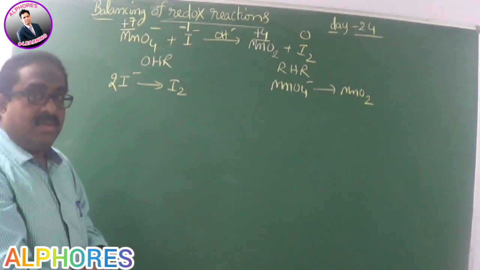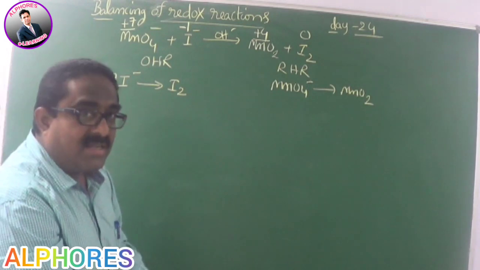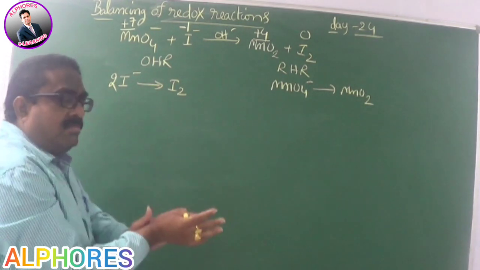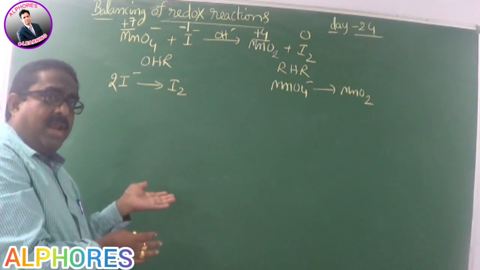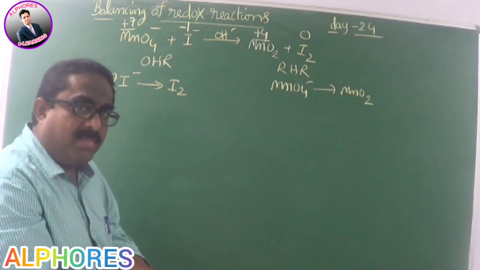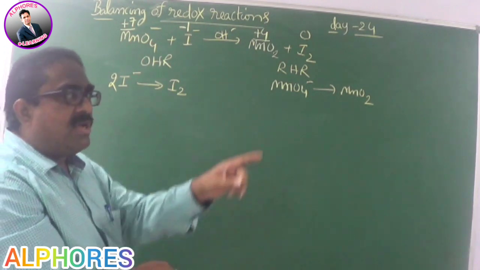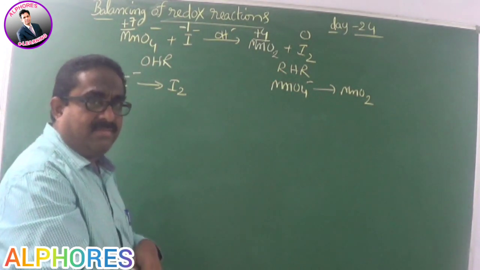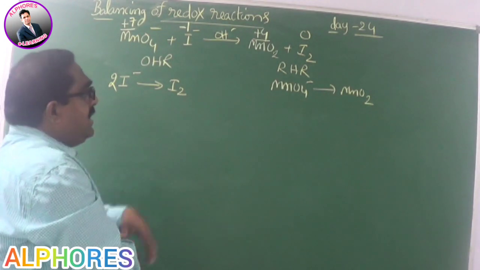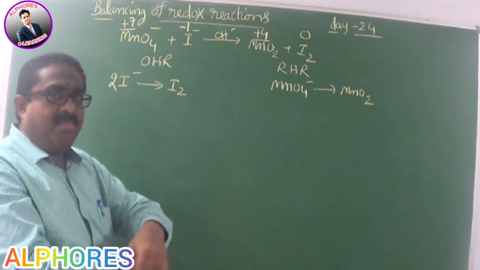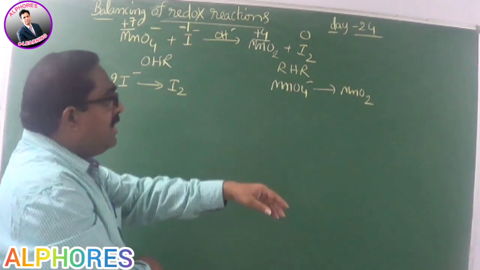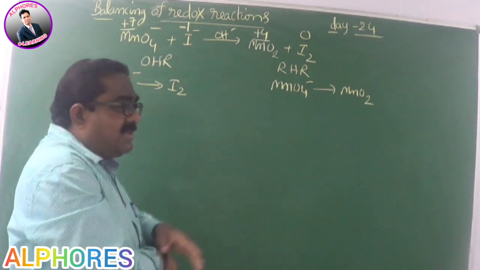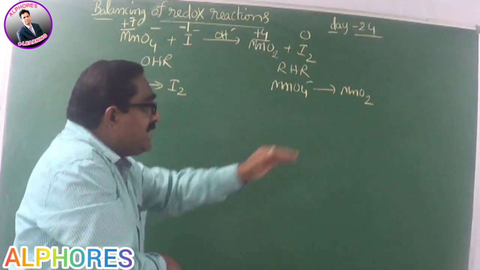The next step is the balance of oxygen atoms. Same as in acidic medium, where we balanced oxygen atoms by the addition of H2O molecules on the requisite side, where the number of oxygen atoms is less. Similarly, in the same way, here in the basic medium balance also, we have to add the requisite number of water molecules to the side where the oxygen atoms are fewer.